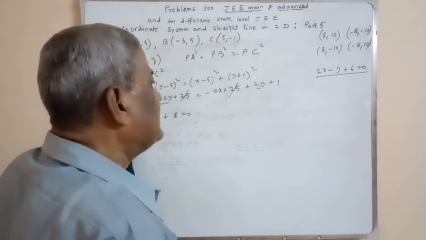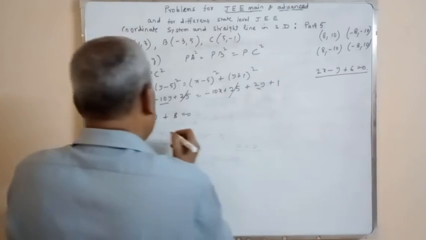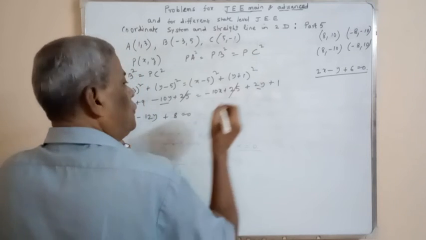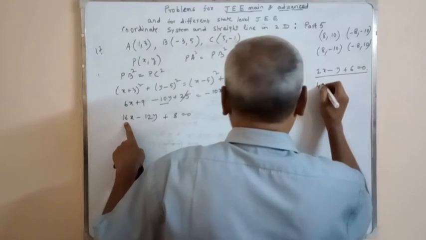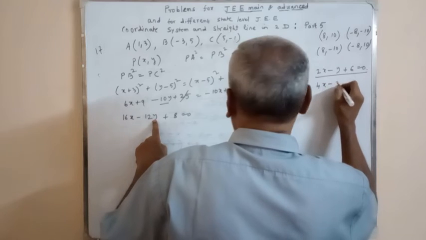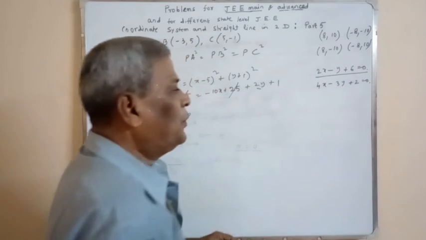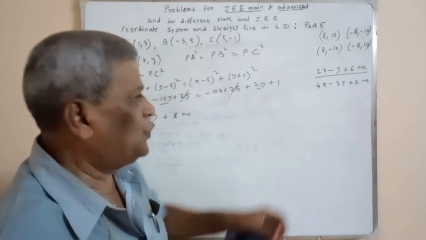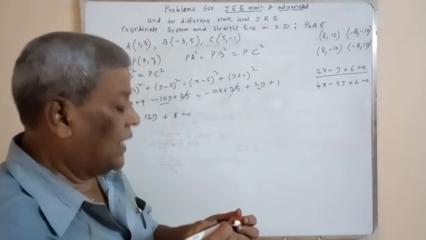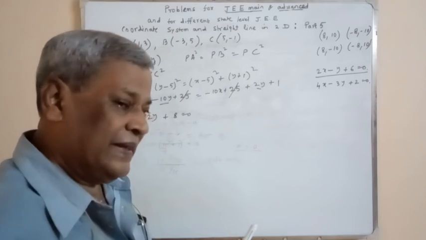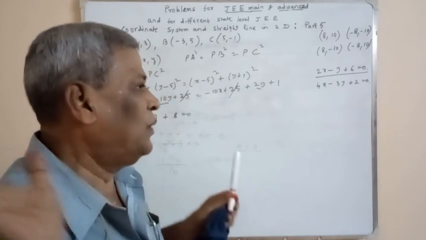Again cancelling by 4, we get 4x minus 3y plus 2 is equal to 0. Now, very easily, by solving these two, we can find the value of x and y. This part, you please solve it.